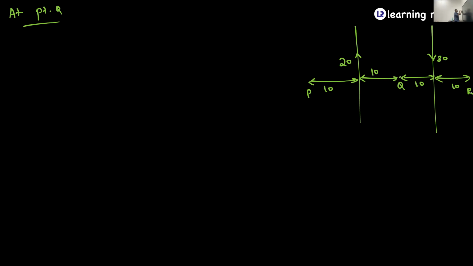At Q, if you observe, this is the first conductor and this is the second conductor. Magnetic field due to the first conductor is again going to be mu naught I divided by 2 pi A. So mu naught by 2 pi is 2 into 10 power minus 7, into the value of I, which is 20, the whole divided by 10 into 10 power minus 2. This will cancel this twice.